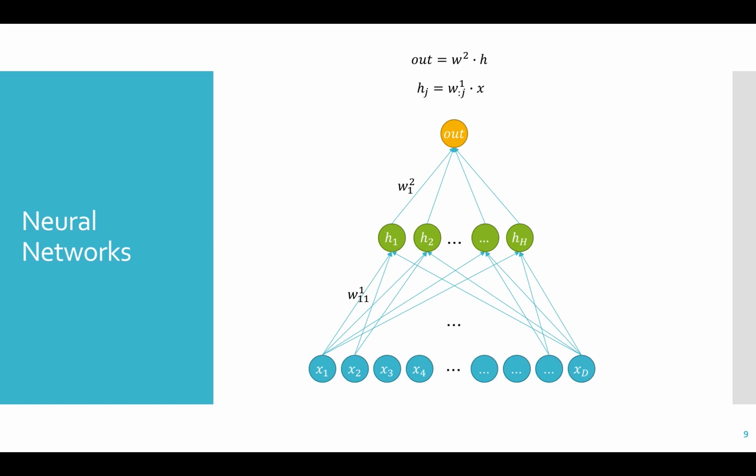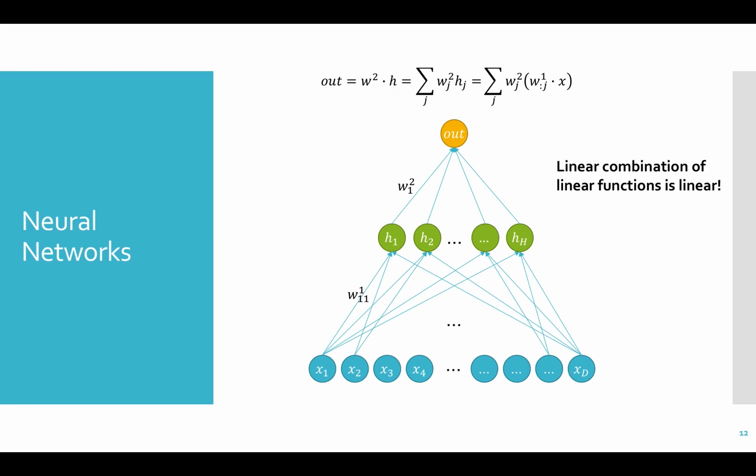Again, we're ignoring b. We can take the equation for h sub j and substitute it into the equation for the output to get one equation for the output. First, we have to change the notation from dot product to sum of products. Then we replace h sub j with our equation from before, and we have a single equation for the output.